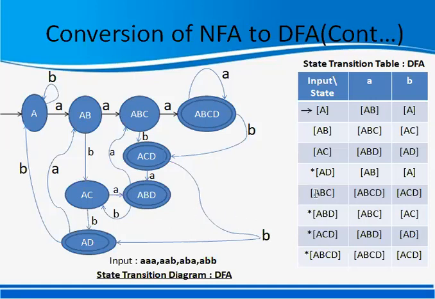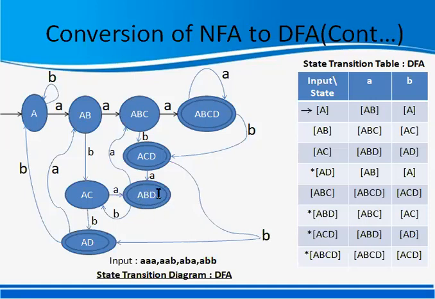Now we will see the transitions on ABC. From state ABC, on input small a, the next state will be ABCD. Now on input small b, the next state will be ACD. Now we will see the transitions on ABD.